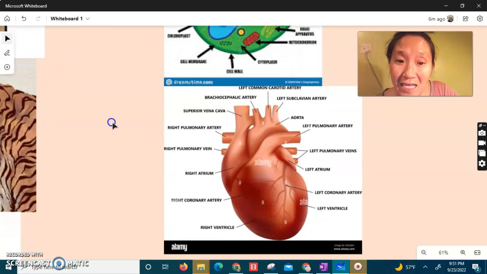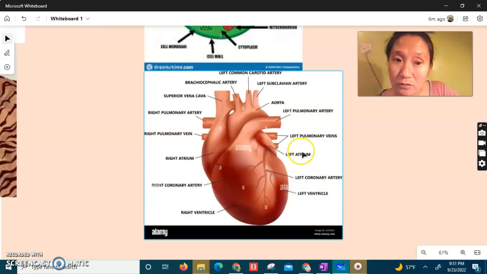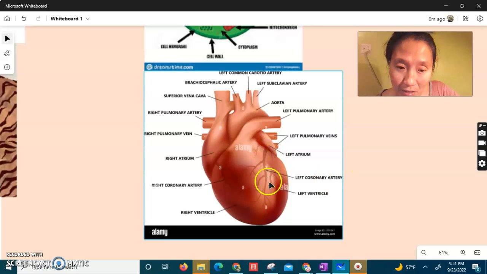Here's another diagram of a heart. Here's somebody's heart, and they have the labels telling you what the different little pieces are. Here's the left coronary artery right here, left ventricle right here, right ventricle right here, superior vena cava right here.